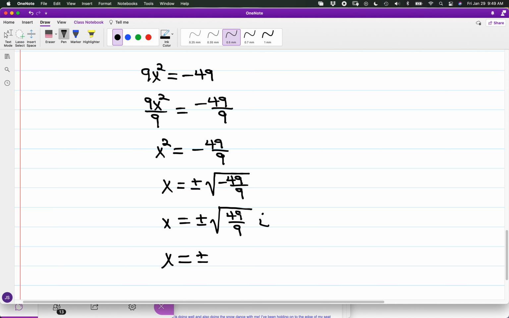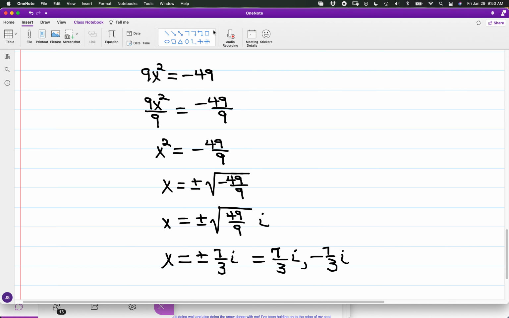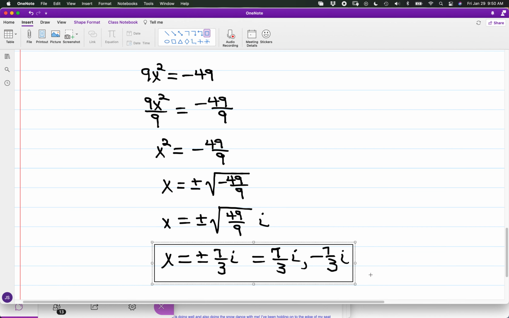Now 49 is a perfect square, 9 is also a perfect square, and the square root of 49 over 9 is 7 over 3. And so in our solutions, x is going to be plus or minus 7/3 i. Again, I can just draw out the results: 7/3 i, as well as minus 7/3 i.